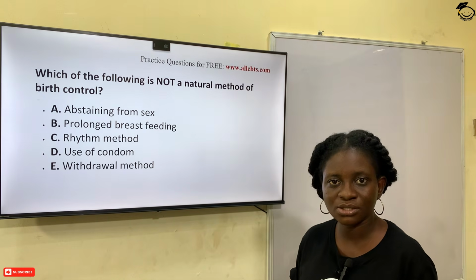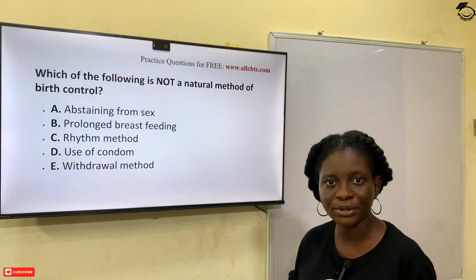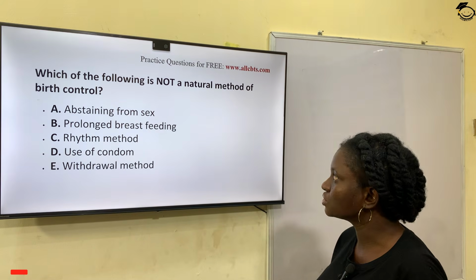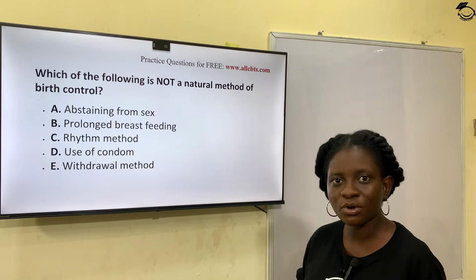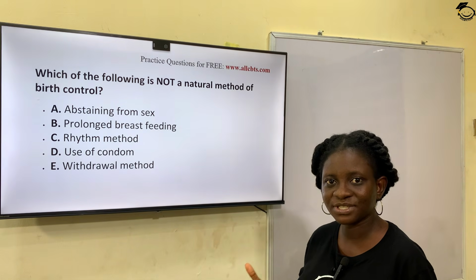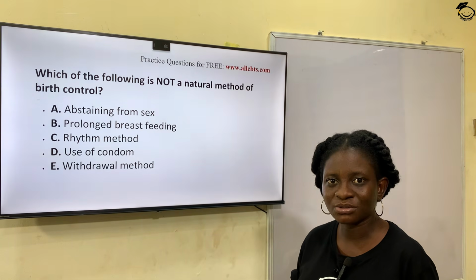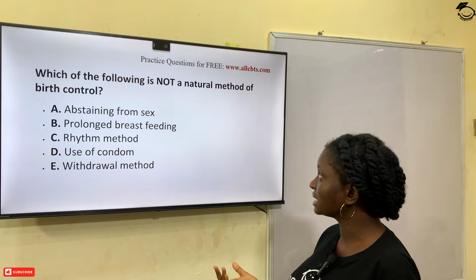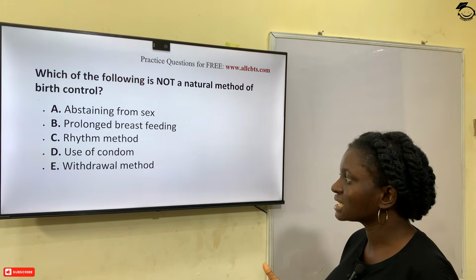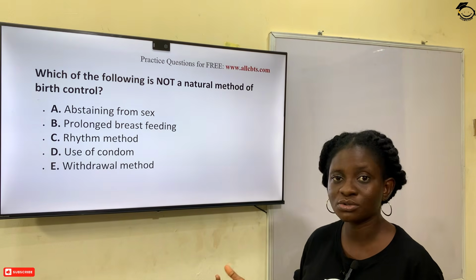C, rhythm method, that means menstrual cycle calculation, is also a natural method. D, use of condom. This is an artificial barrier, so it's not a natural method. Then the withdrawal method is a natural method. So the correct answer is option D, use of condom.